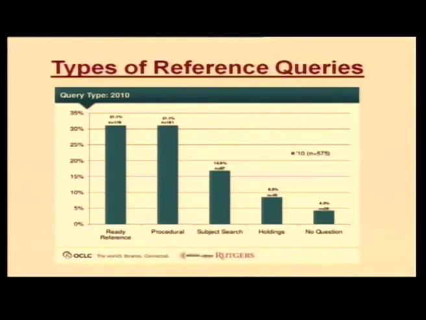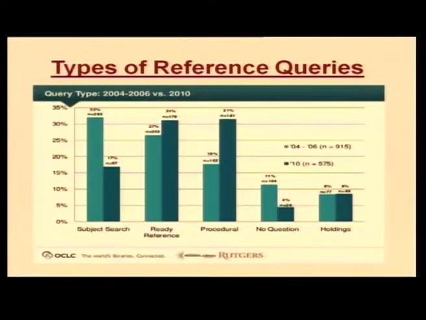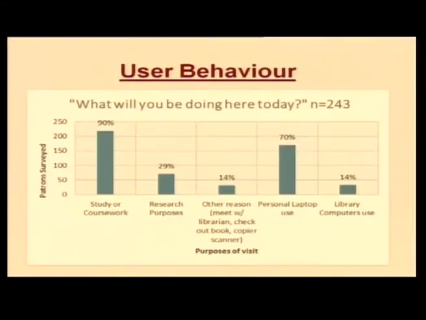Now, OCLC has conducted a study where we have found that ready reference and procedural queries are coming most in the libraries. Earlier, subject-related searches were what people used to do, but now ready reference and procedural queries are coming more and more.